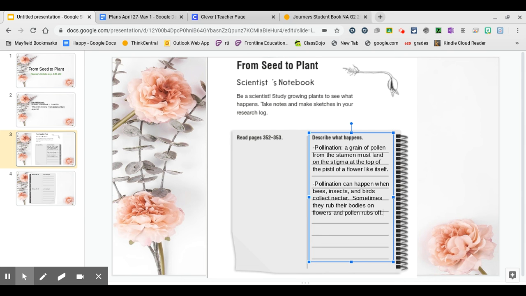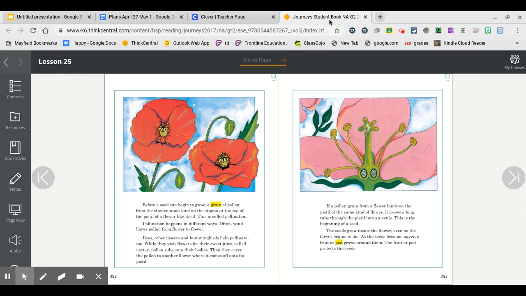Let's take a look at page 353 and see what notes we can continue adding here. If a pollen grain from a flower lands on a pistil of the same kind of flower, it grows a long tube through the pistil into an ovule. This is the beginning of a seed. The seeds grow inside the flower even as the flower begins to die.